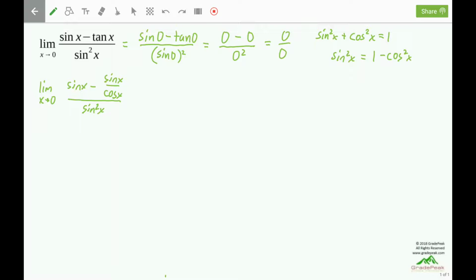That'll just make things easier to actually factor. So it looks like the common denominator is going to be cosine of x. I will multiply the sine of x by a cosine of x over a cosine of x, a form of 1, so that I put it over the common denominator as the other term, and then I can actually subtract those and combine those terms together.